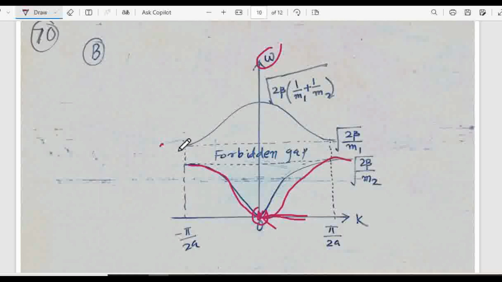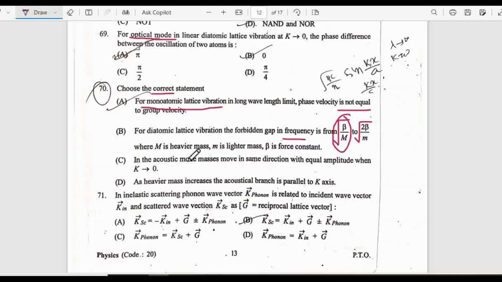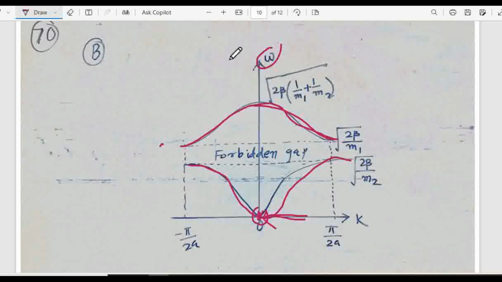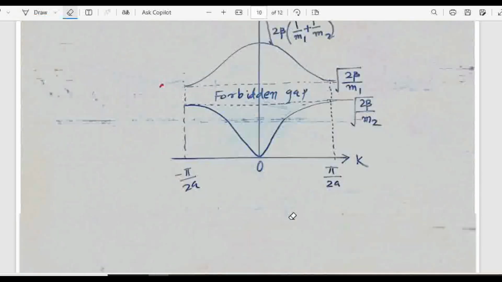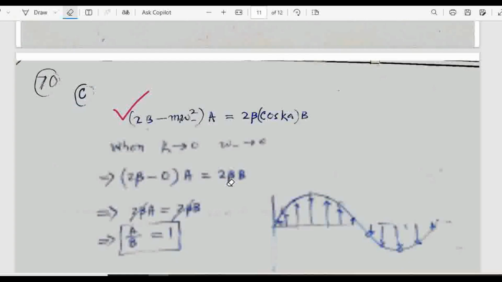We are not mentioning the optical mode here, because the question asks about the acoustic case. So don't look at that branch, only this one. When k tends to 0, omega negative tends to 0.